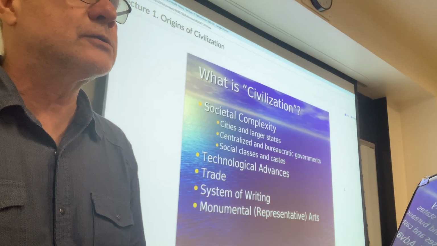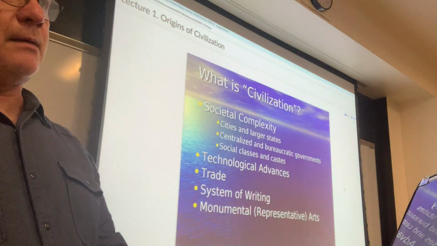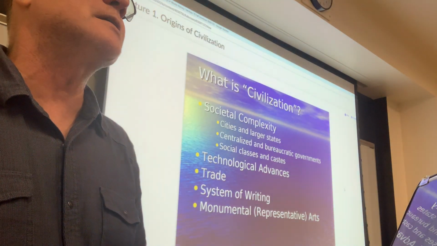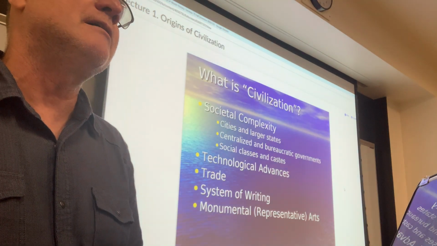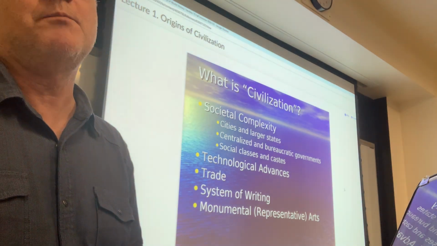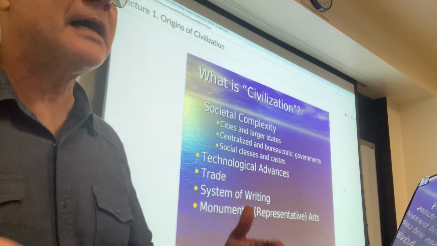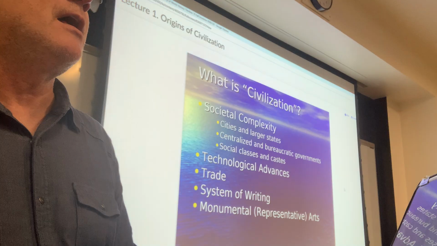Also, people became somewhat militaristic, and had armies, and they would develop military technology to conduct their military activities. So that also characterizes a civilization.